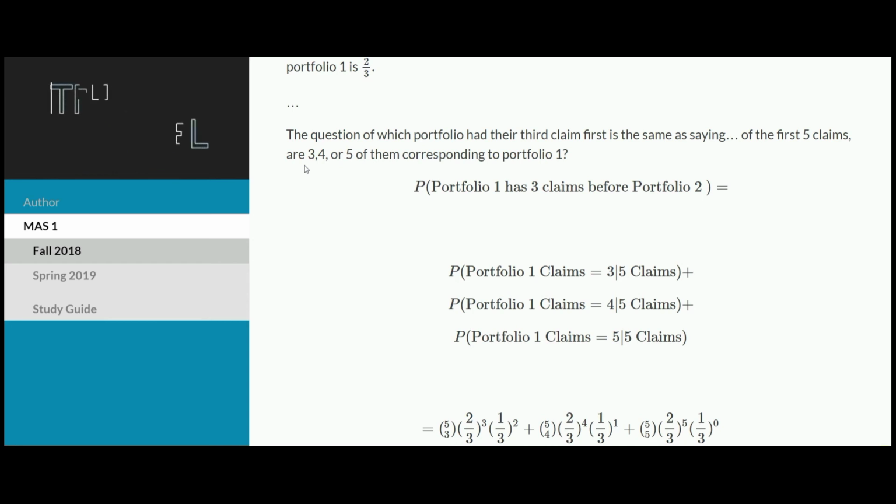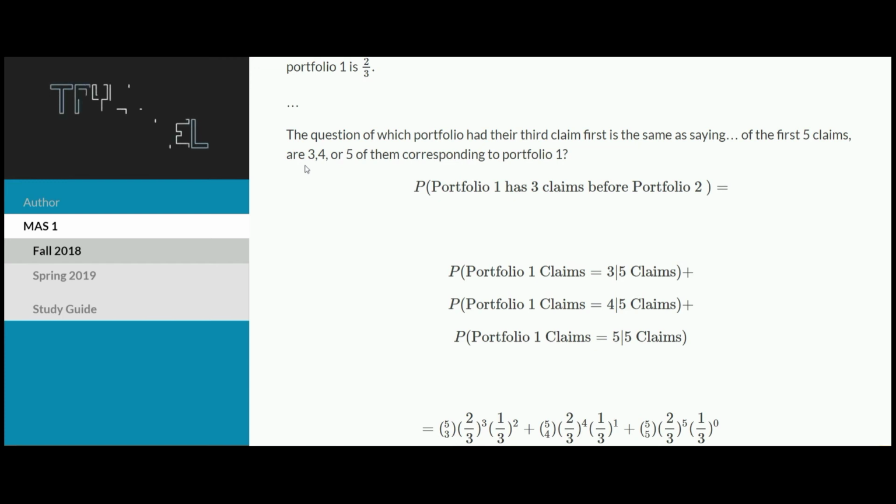And with 5, if all 5 of them came from portfolio 1, obviously 3 came from portfolio 1 before portfolio 2. And this is a sufficient set because, of 5 claims, if 2 of them came from portfolio 1, we know that therefore 3 occurred from portfolio 2, and that doesn't fit in our set of interest.